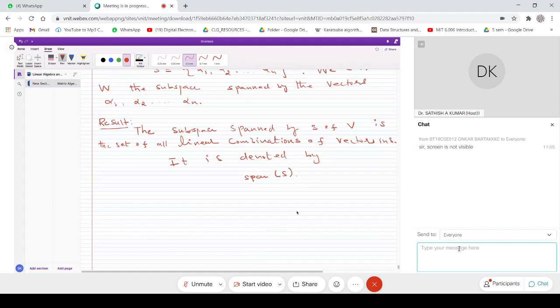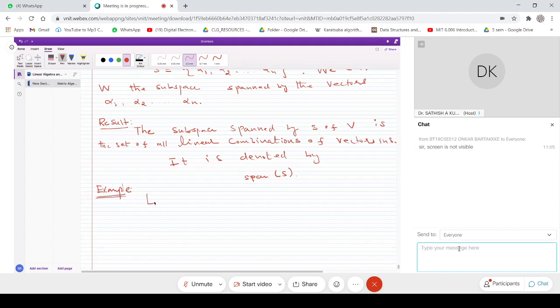Okay, first let us give one simple example. Then once we discuss some more concepts, we'll give some more examples with respect to matrices also. First, let us look at some simple examples. We'll give one counter example.